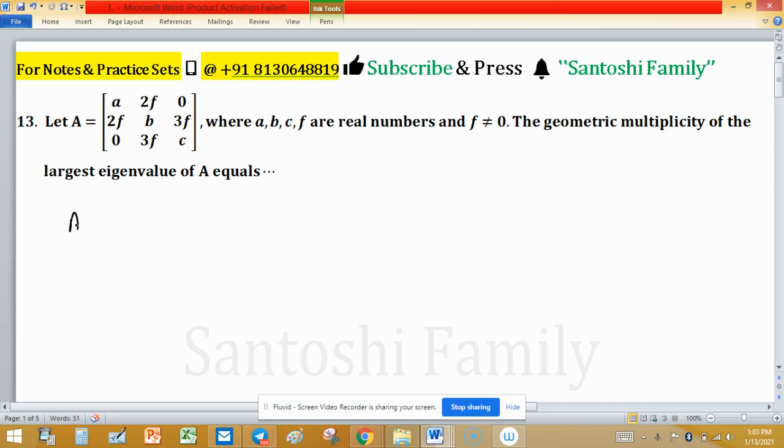This is matrix A. If you focus on matrix A, you can see the diagonal elements a, b, c are real, and the elements above the principal diagonal and below the principal diagonal are the same. So this is a symmetric matrix, and every symmetric matrix is diagonalizable.